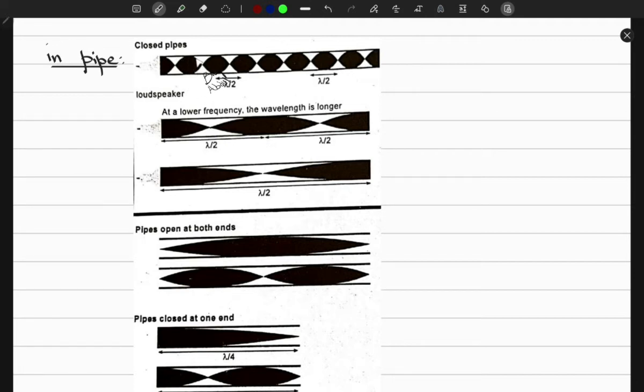However, where we have the minimum amplitude, at this point, we have minimum pressure being varied and the motion of air in that part is maximum.